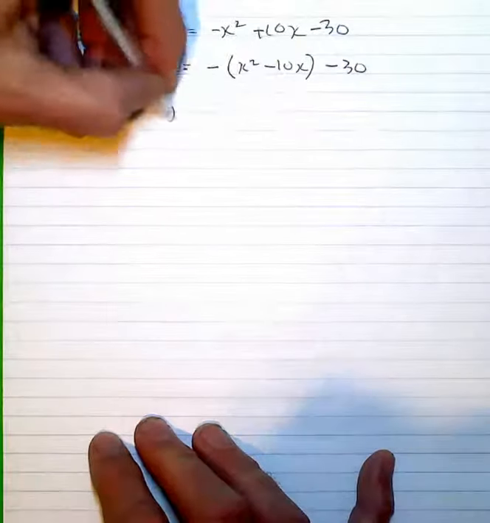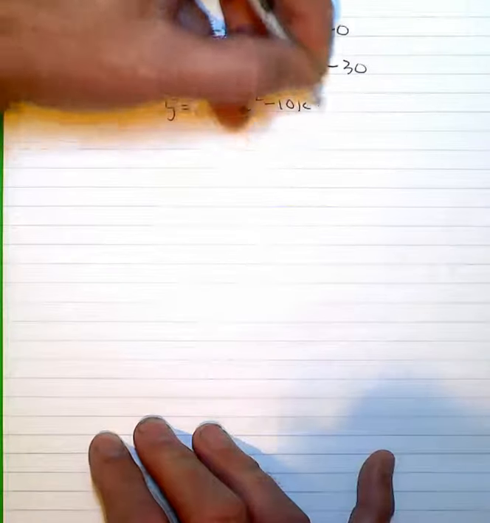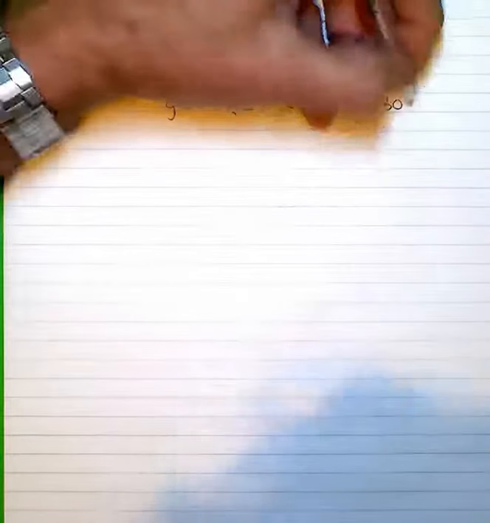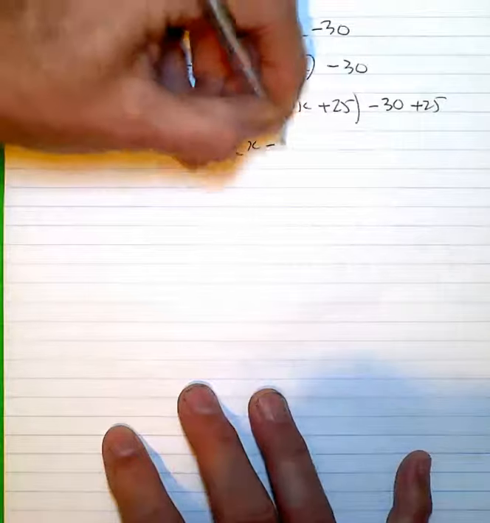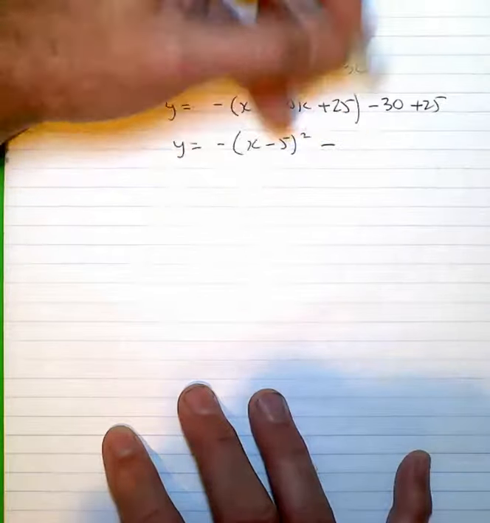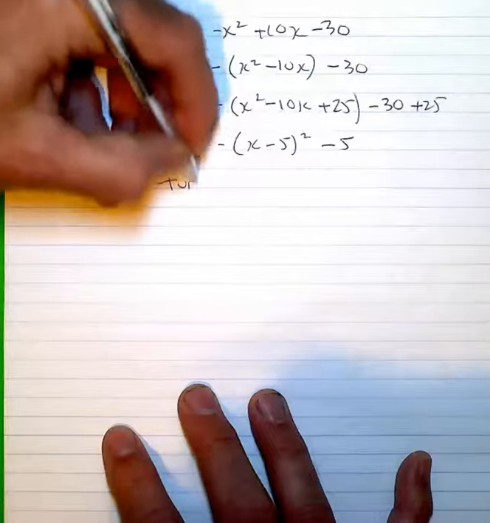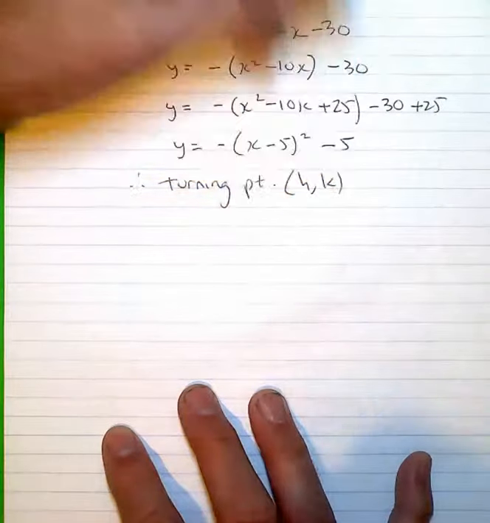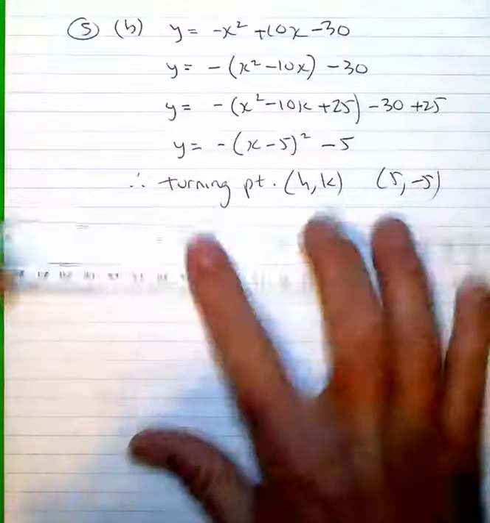I want the turning point, halving and squaring that. And of course, when I do that, that'll be plus 25. Which is the HK notation, 5, -5.